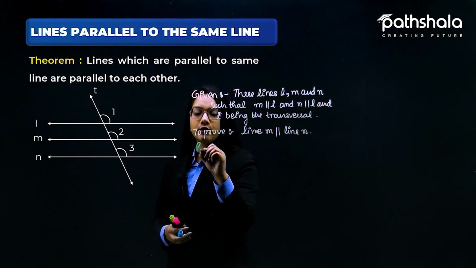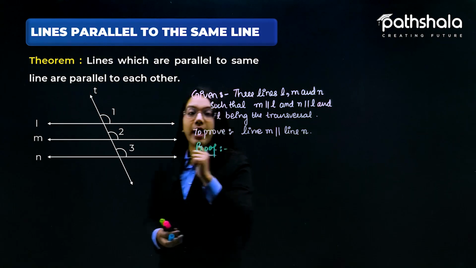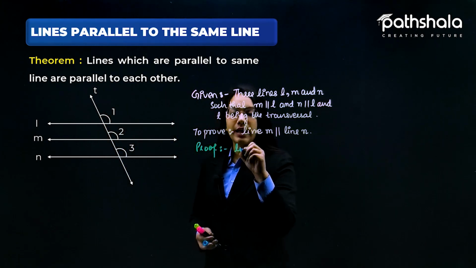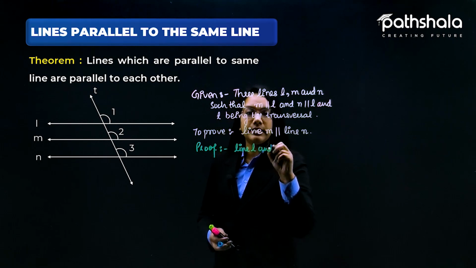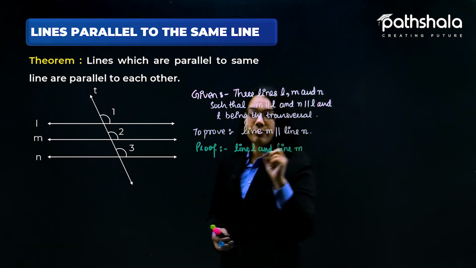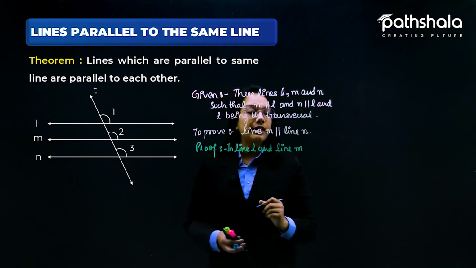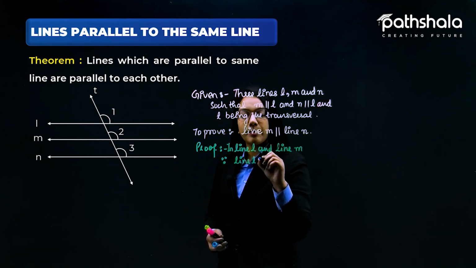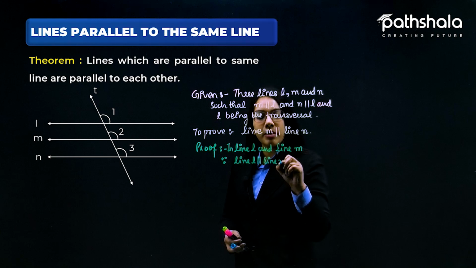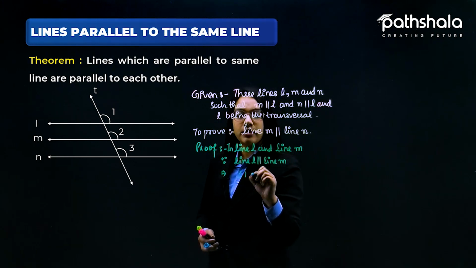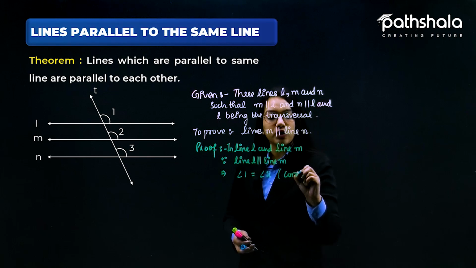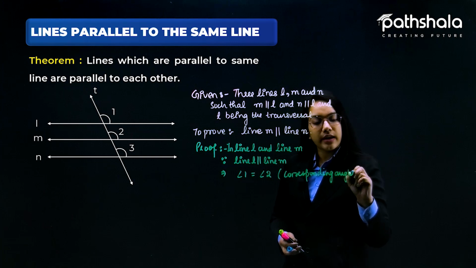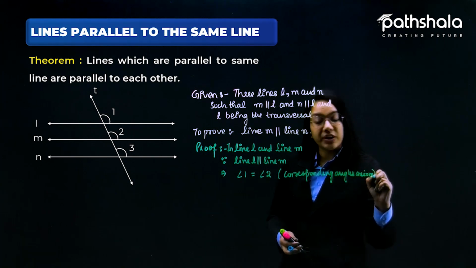First of all, let us take the angles as angle 1, angle 2 and angle 3. If we talk about the line L and the line M, since the line L is parallel to the line M, it implies that angle 1 is equal to angle 2. Why so? Because of the corresponding angles axiom, they should be equal to each other.